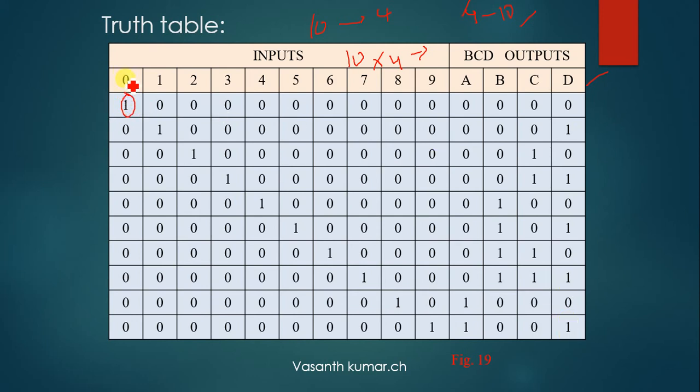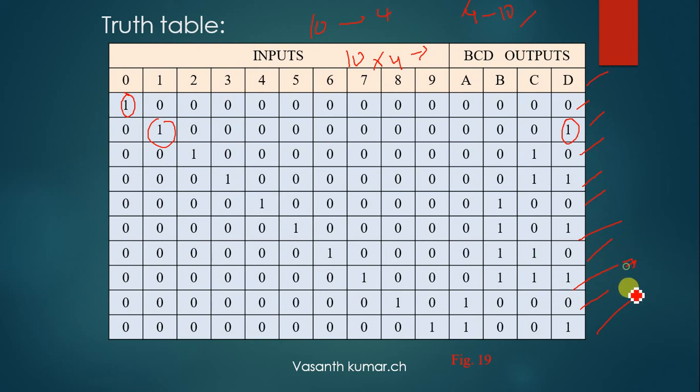So there is a shift of 1 bit and its equivalent output, right? 1 in place of 0, the rest all will be 0, the output is 0, 0, 0, 0. Similarly, there is a shift of 1 bit, 1 is high, and the output is 0, 0, 0, 1, and so on, until 1, 0, 0, 1. With the 10 inputs, we could get how much?